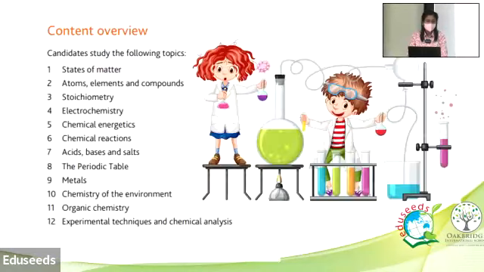The first one, states of matter, atoms, elements and compounds, stoichiometry, electrochemistry, chemical energetics, chemical reactions, acids, bases and salts, the periodic table, metals, chemistry of the environment, organic chemistry, and experimental techniques and chemical analysis. So these are the topics you have been learning from grade 9 until now, grade 10.